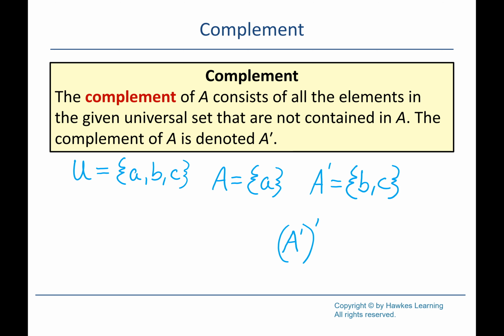So we want the set that has everything that's not in here. What's that going to be? That's going to be back to here, right? We're just going to have A. So that's just going to be our original set A. So if you do the complement twice, it cancels itself out. And so A complement complement, it's just the same thing as A.